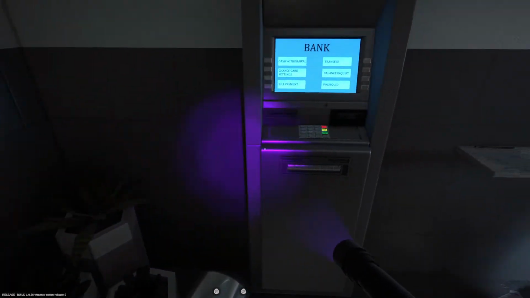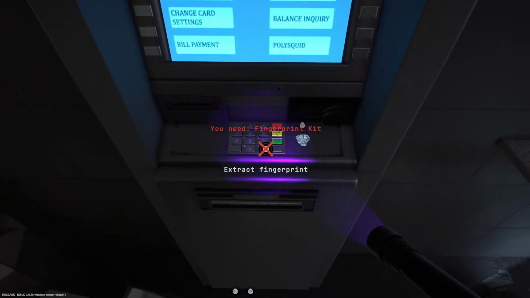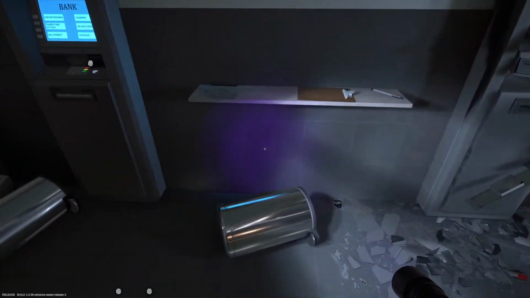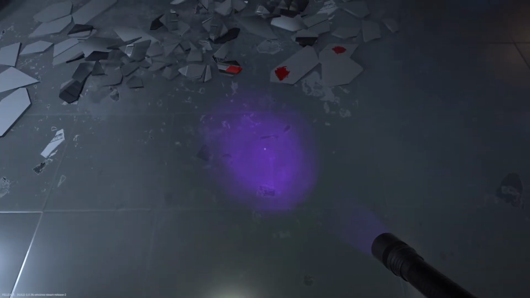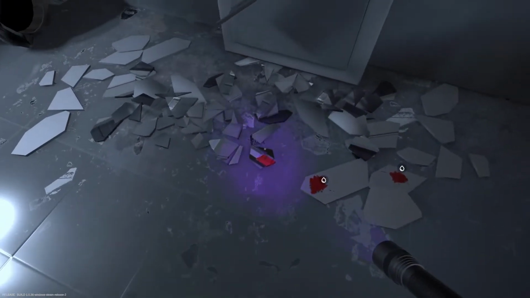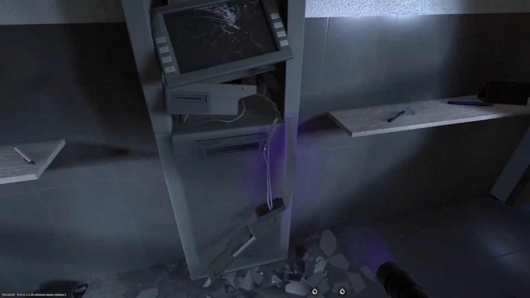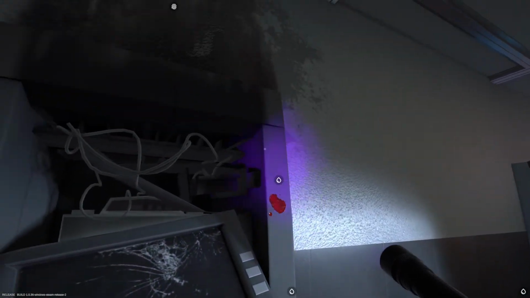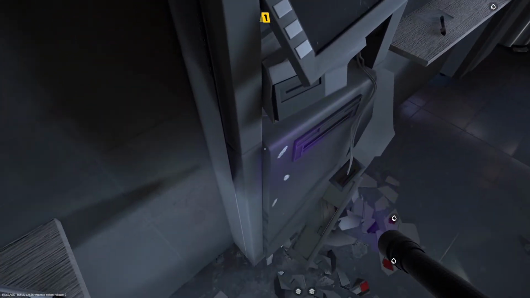Alright, yeah, we got fingerprints on the ATM, on that one. I would have got here blood. More blood. Yeah, it seems like they botched it a little bit, huh?